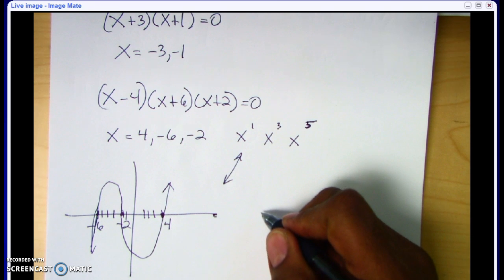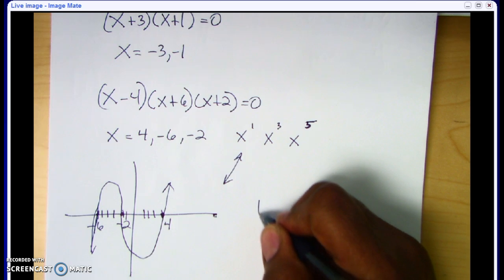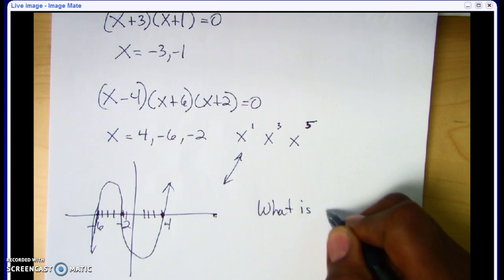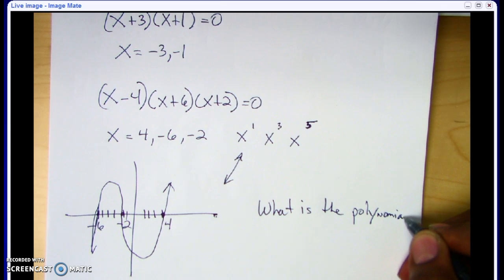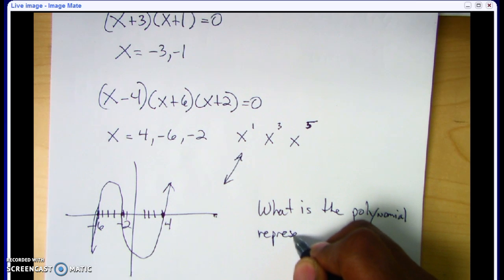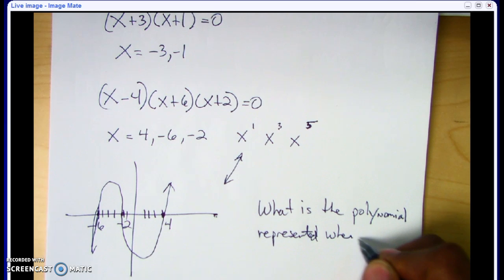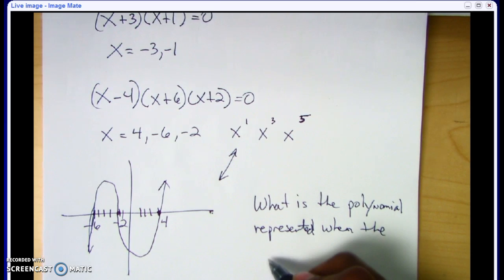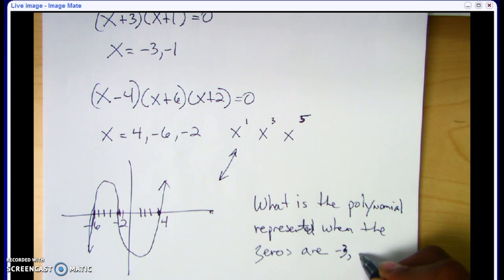Suppose that I just gave you some zeros. If I said, what is the polynomial represented when the zeros are, let's just make up some here, -3, 1, and 4.